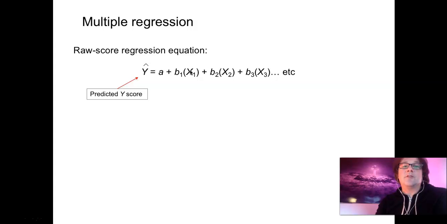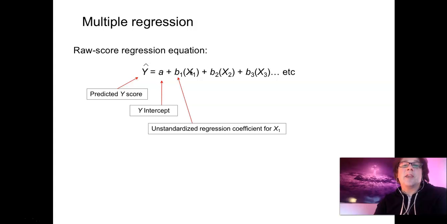Multiple correlation in terms of raw score prediction, we still have a predicted y-score right there. We still have our y-intercept, or a, or constant. That's not going to change. B1 is just our unstandardized regression coefficient for x1, for our first predictor.